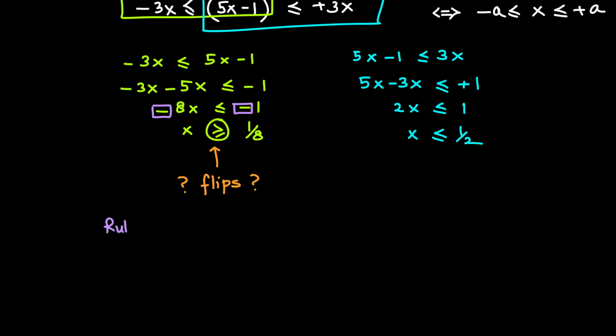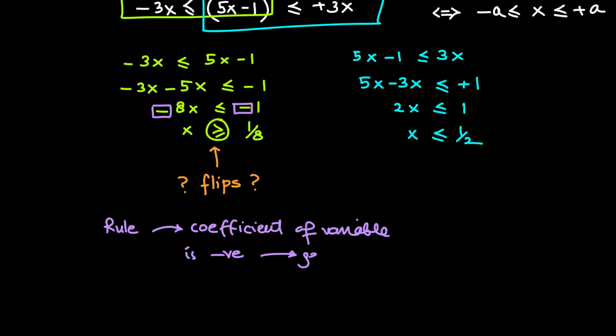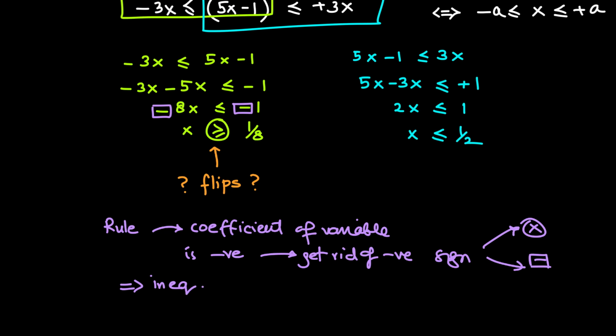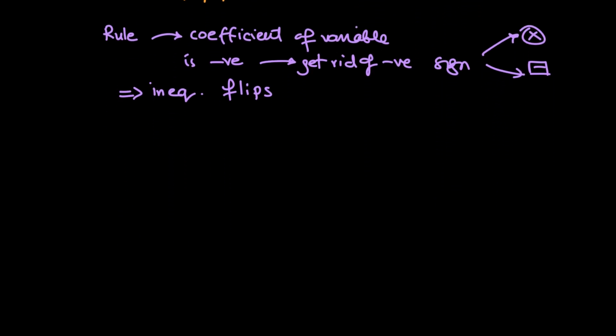The rule is whenever the coefficient of the variable, in this case x, is negative, and we want to get rid of this negative sign, we will either use multiplication or we will use division. Whenever this is the case, the inequality flips. That is the rule.